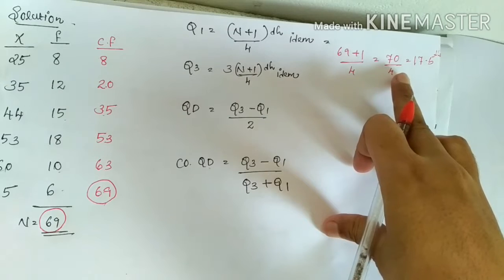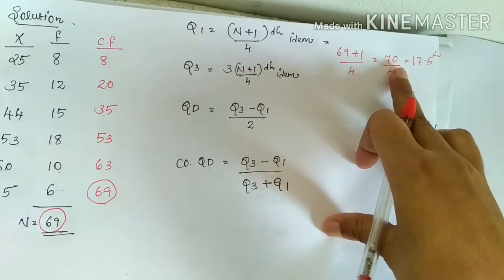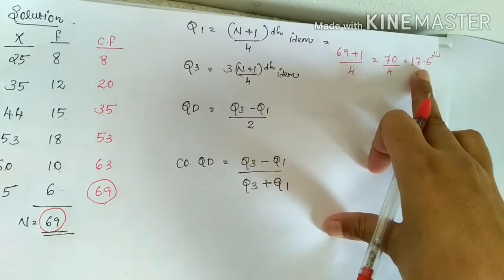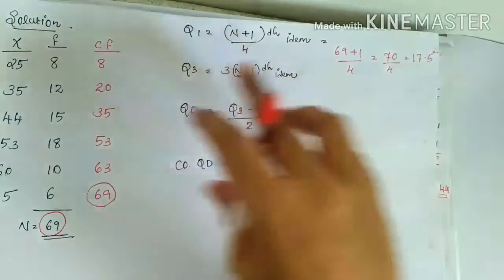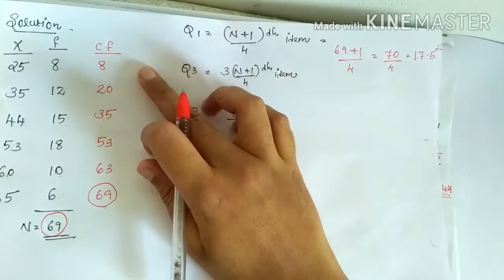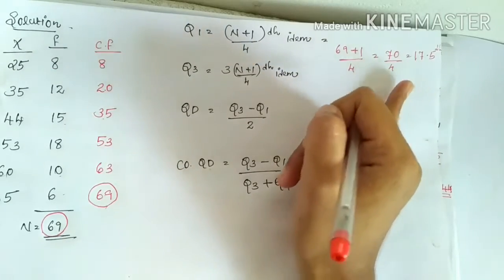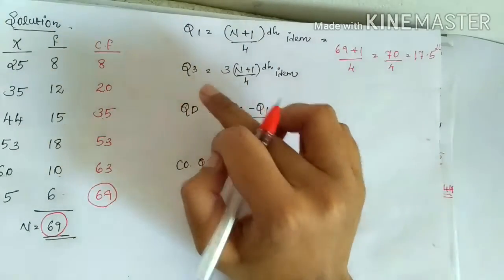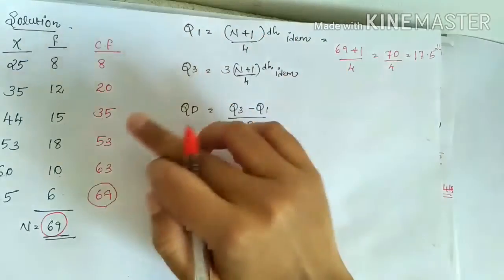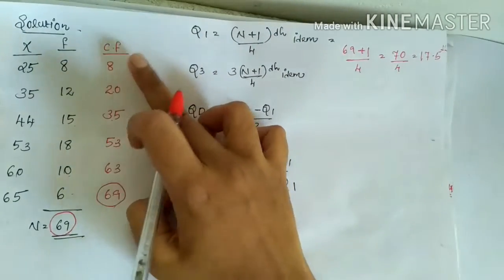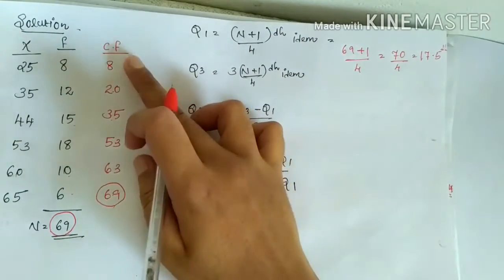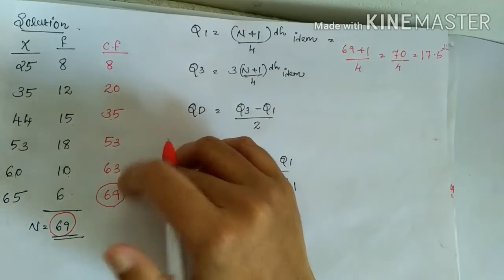The 17.5th item is not the value of Q1. It is only the 17.5th item. Now, where is the 17.5th item in the cumulative frequency column?